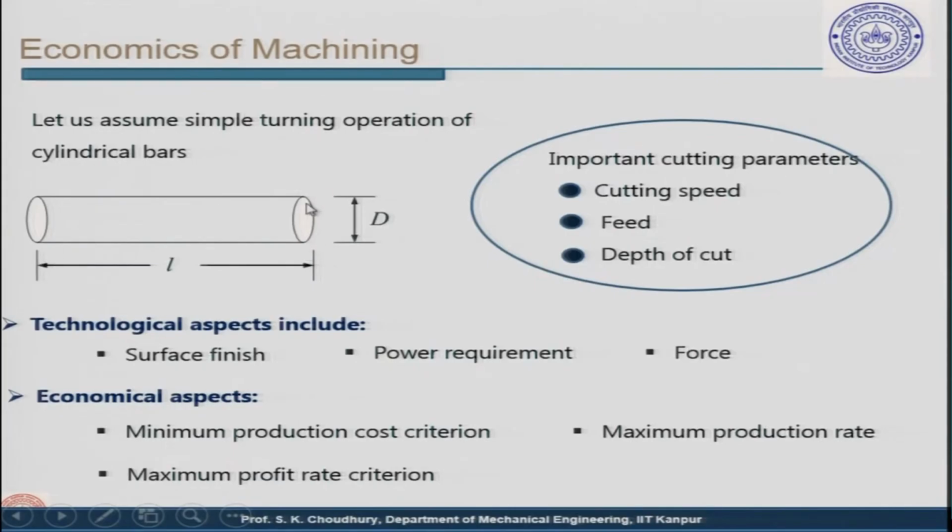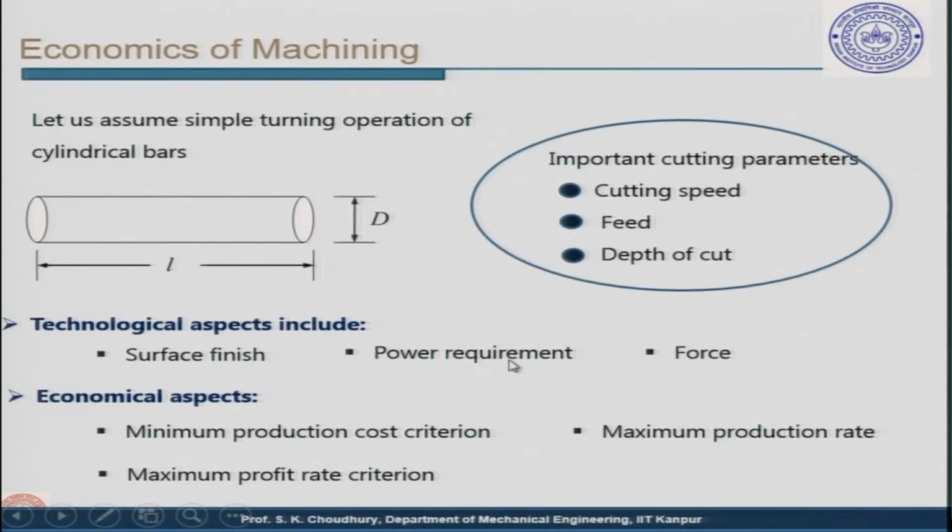This is the diameter of the cylinder and we are turning this. Okay. We have the important cutting parameters as cutting speed, feed and the depth of cut. Technological aspects, we said, are surface finish, power and force, and the economical aspects are the minimum production cost criteria, maximum production rate criteria and the maximum profit rate criteria.